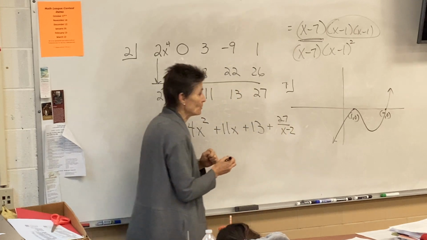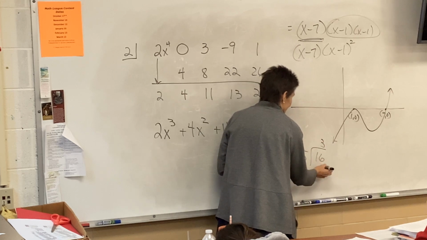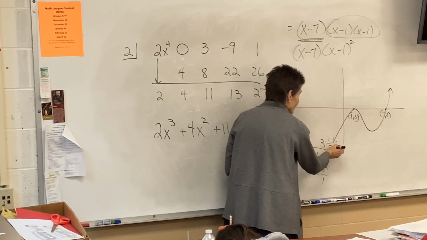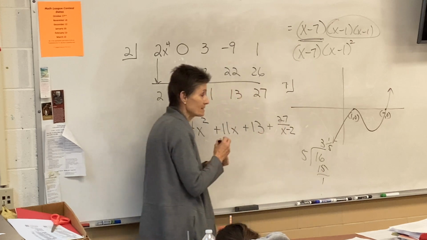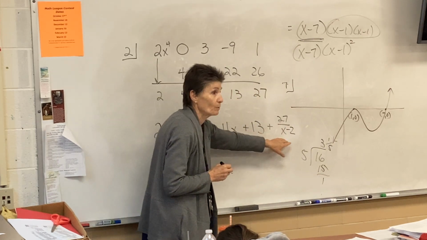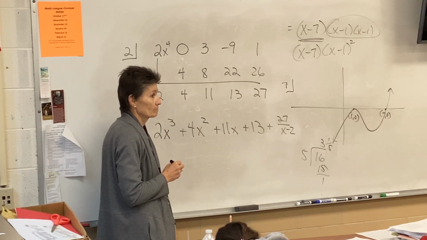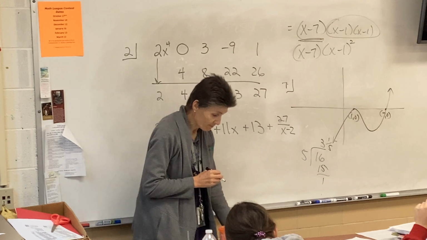You know how when you do division, you say 3 and 1/5, 1 over 5? Same thing here. We say 27 over x minus 2, whatever we divided by. So yep, it is not a factor.